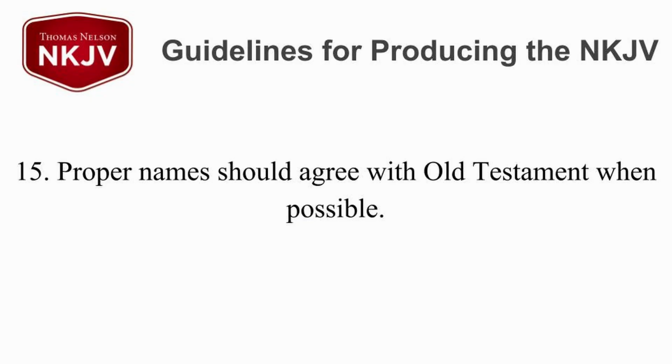Number 15, proper names should agree with Old Testament when possible. So in the King James Bible, some of you have noticed this, a name like in the Old Testament, Isaiah, in the New Testament will be Isaias. And I think that's based on the actual original languages and probably influenced by Latin because of when the King James was written.